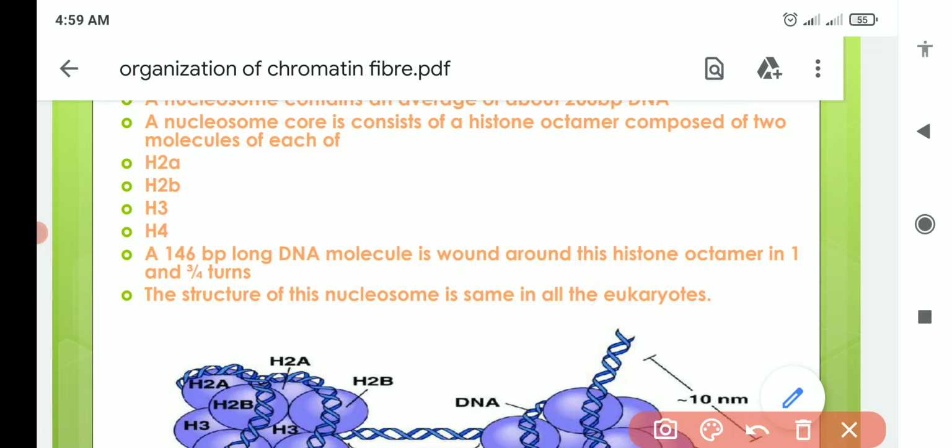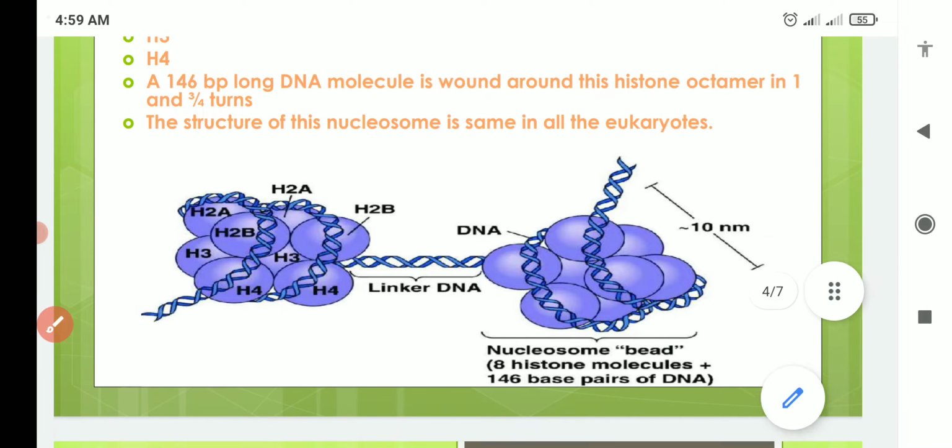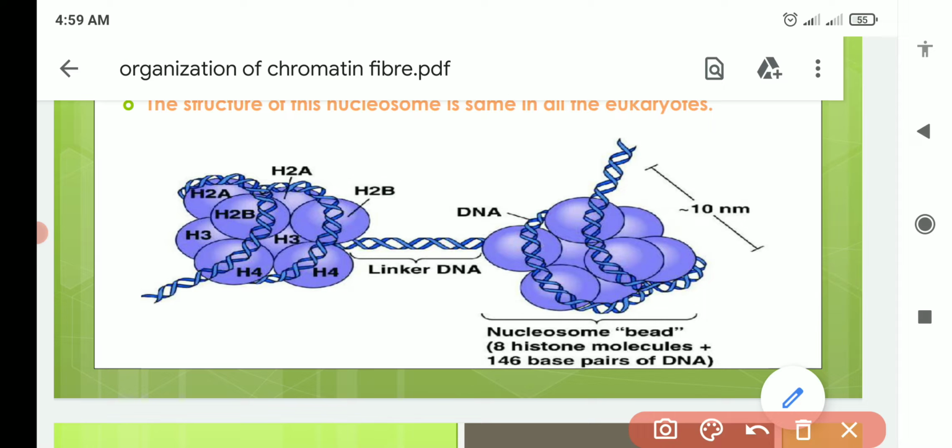We have said that about 200 base pair of DNA is associated with one histone octamer, and out of those 200 base pair, about 146 base pair is coiled around the histone octamer.